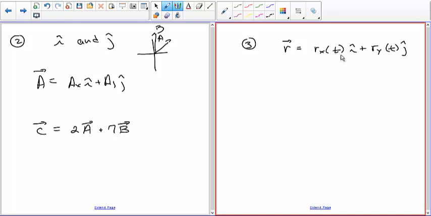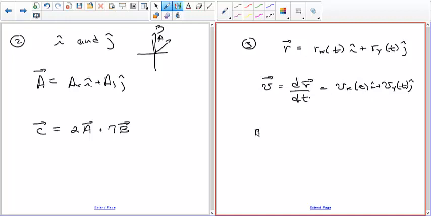Each one of these is a function of time. If I asked you to calculate the velocity vector, you would just take the derivative of the position vector with respect to time, which would have v sub x as a function of t times i plus v sub y as a function of t times j.